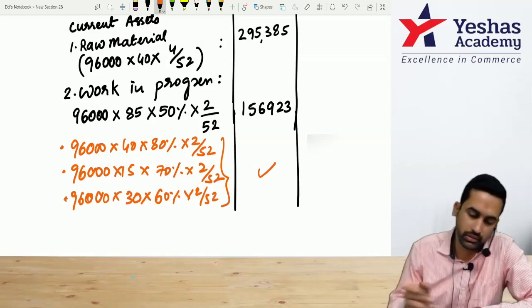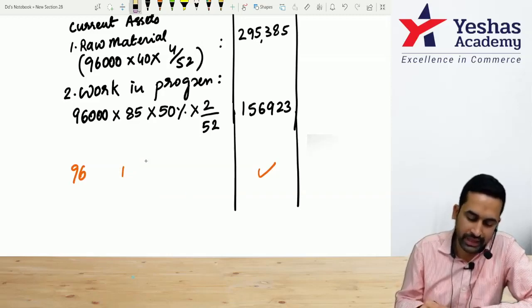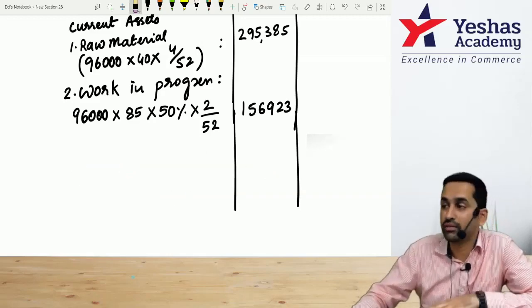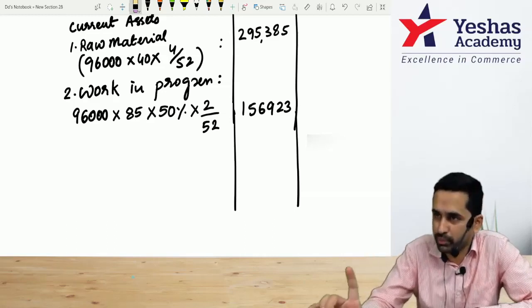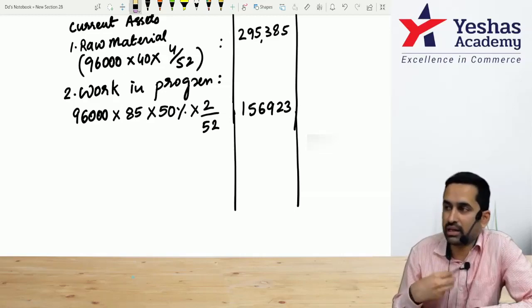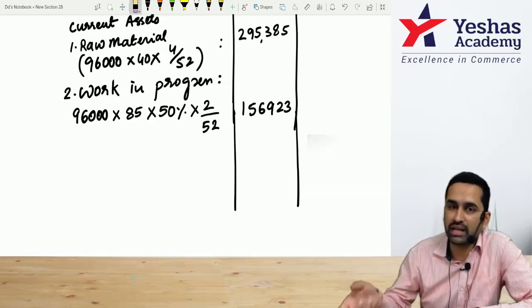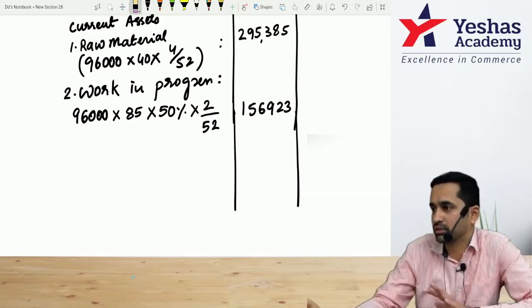Is that clear? Now, what is the meaning of 156,923? Any day you come to my factory, this much work will always be in progress. That means on any particular day, my 1,56,000 rupee worth of cash is in the factory, in the process, inside the machine.